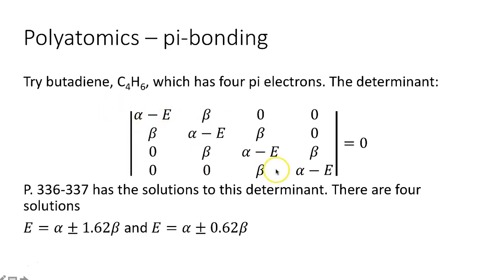And so you'll get 4 solutions, and if you look that up, you'll see how they did this. You get 4 solutions, 2 of them are alpha plus or minus 1.62 beta, the plus is the lower energy, minus being the higher energy, and then you get the 2 solutions that are alpha plus or minus 0.62 beta. Okay, so those are our 4 solutions.